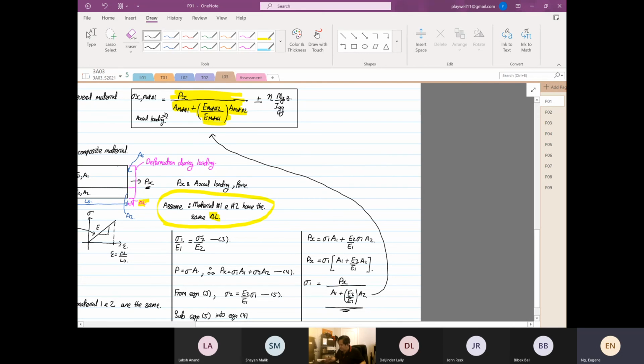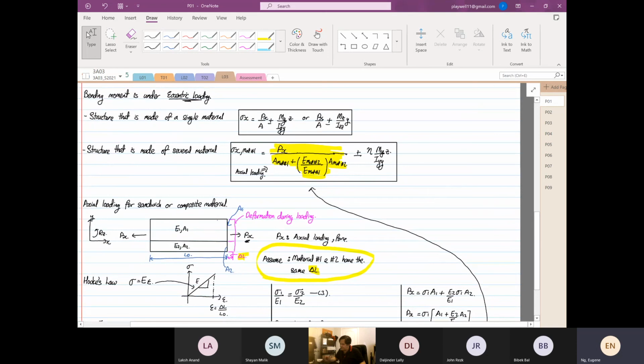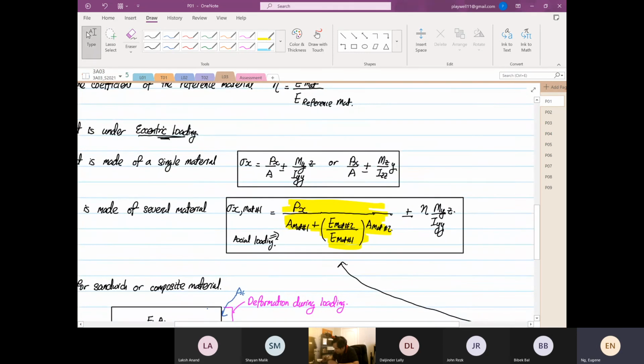So now you can see that for a sandwich material under axial loading and bending moment, the formula is not exactly the same, right? It's not like Eugene. Why not we just put an n down here, Px over A? We can't do that. Okay, it's not that simple.